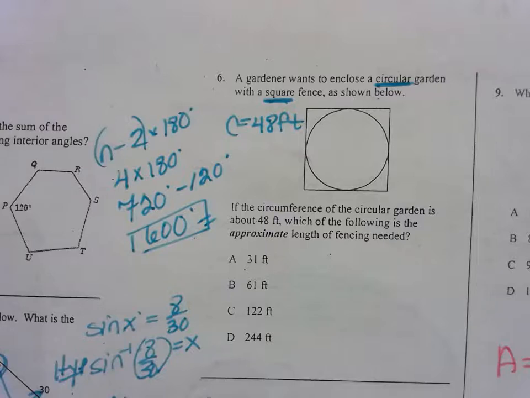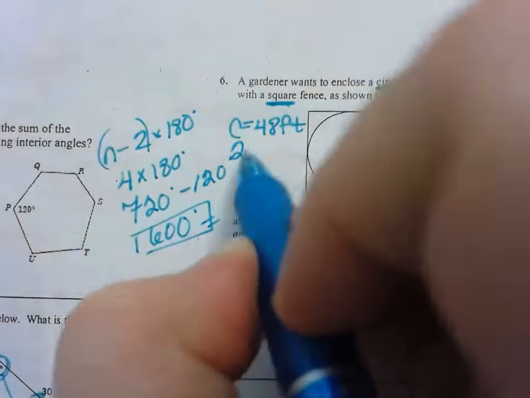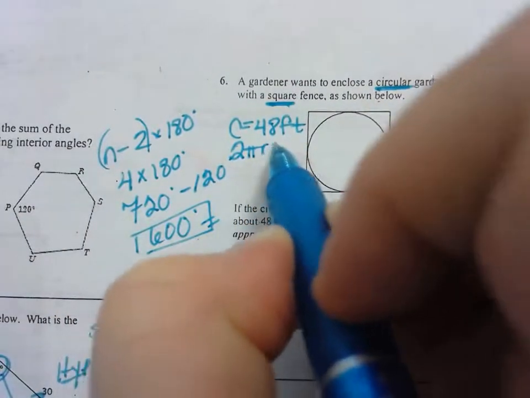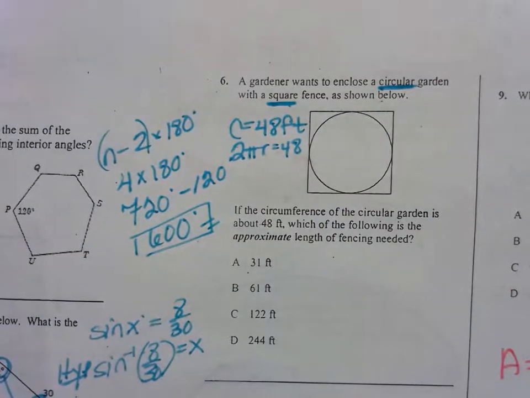Well, all they give us is the circumference. So we know that 2 pi r is equal to 48. That's all they've given us. So from that we can find the radius of the circle, but is that going to help us solve the problem? No.